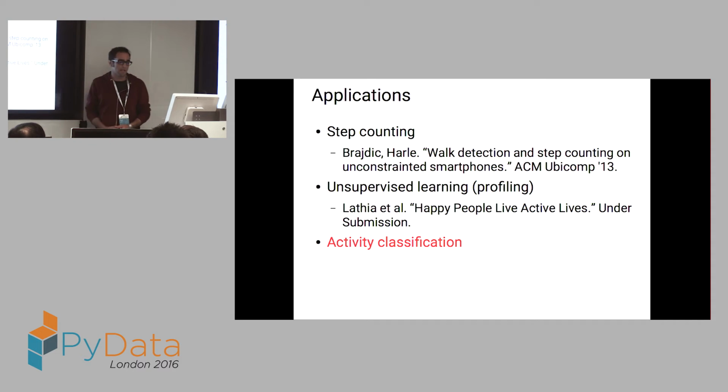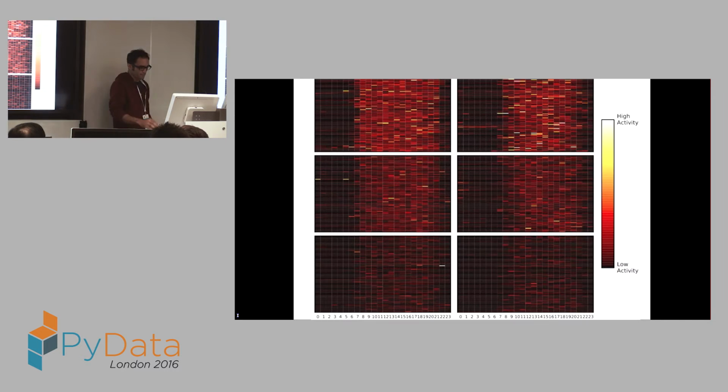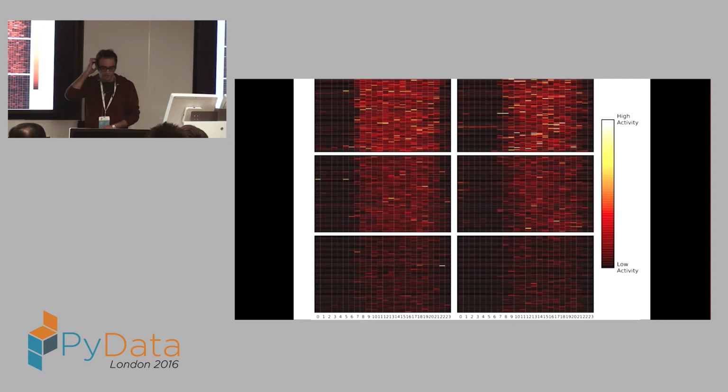The second one is about profiling people, and I can tell you a little story about this. A number of years ago in Cambridge, we released an app that was collecting this accelerometer data. It wasn't asking people what they're doing, but it was collecting that data. Instead, it was asking people how they feel. Once we fold that data on top of each other and aggregate it, we get a little signal like this.